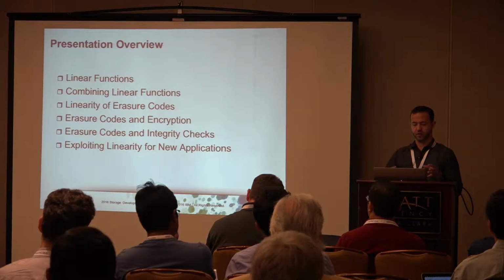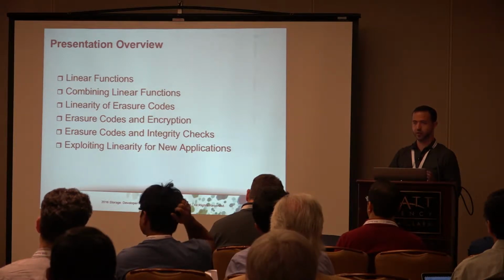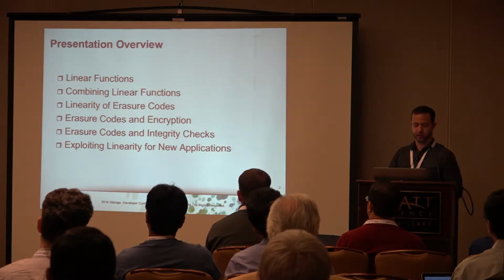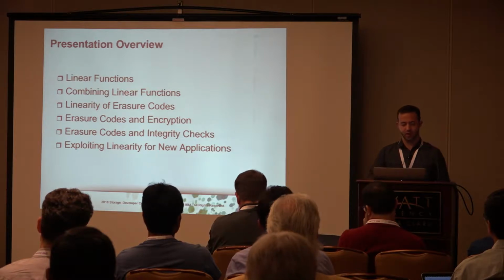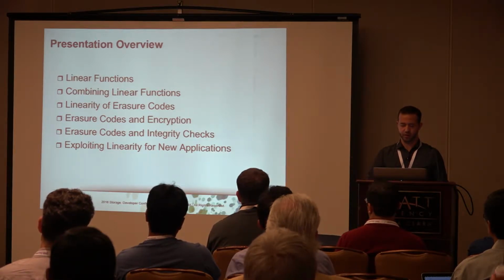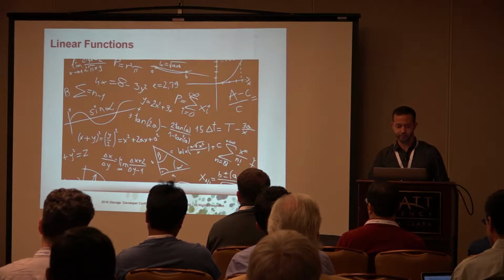That will be the basis for showing how erasure codes and encryption can be combined in some pretty surprising ways. Erasure codes and some integrity check functions can also be combined similarly. And then I'll conclude with some even more novel applications of exploiting this property.